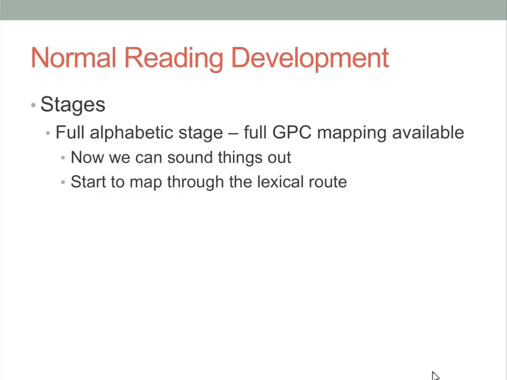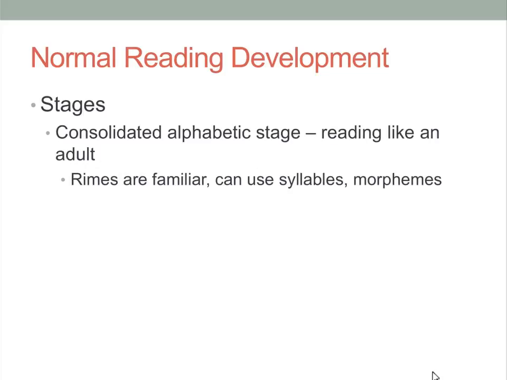So really, stages of normal reading development is about how well the sound-to-spelling rules, or the grapheme-phoneme correspondence, are learned, and then the shift away from using that as our primary source of reading. The last, consolidated alphabetic stage is where we're reading at an adult level. Now, many teachers, especially in education, have reading levels that people read at.